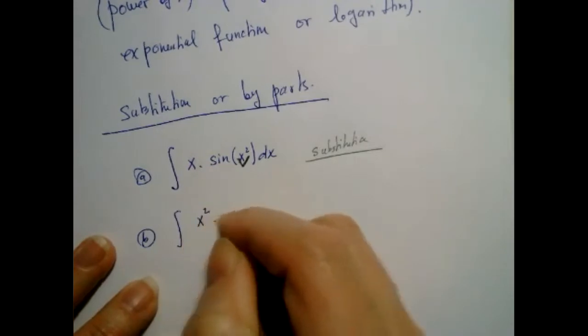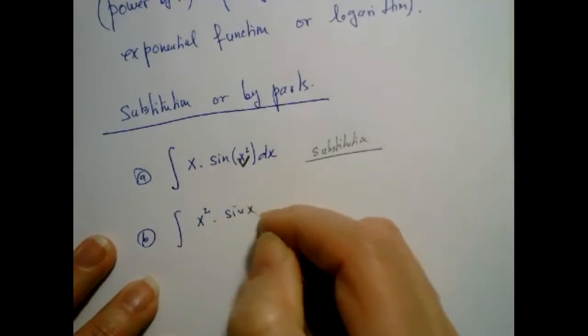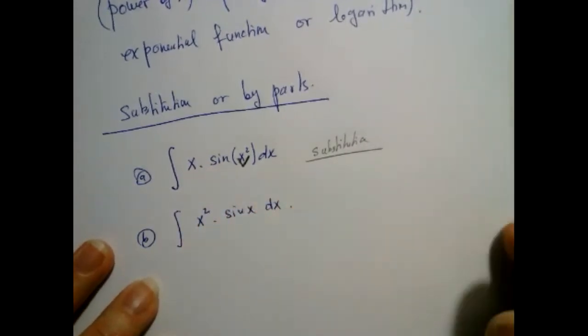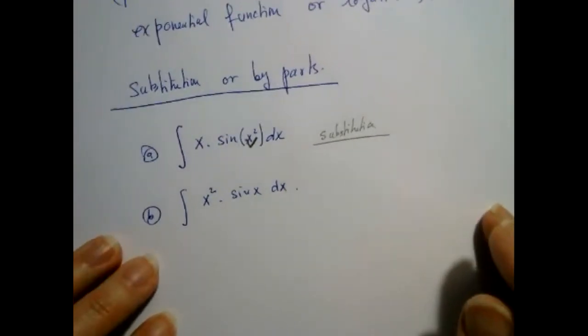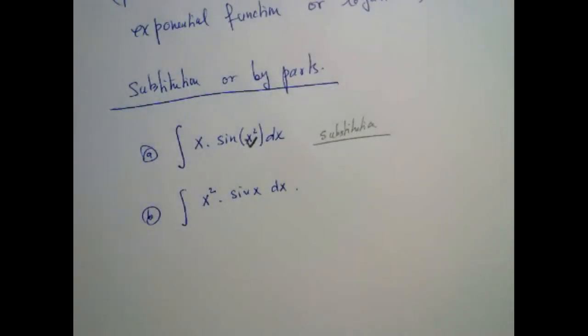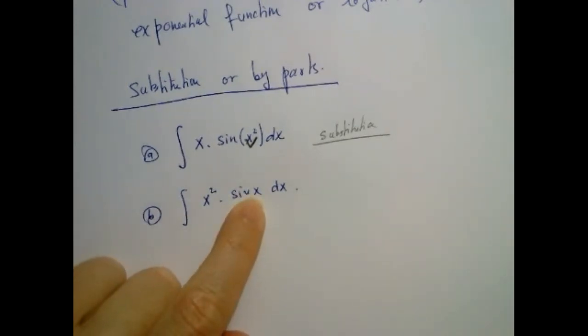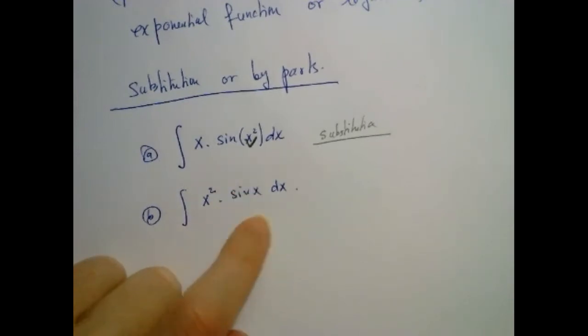However, if I put this one, I changed it a little bit. Substitution or by parts? Quickly, I don't want to spend a lot of time on that. I want quick answers. Parts. This one is by parts because there is no inside. I mean, the inside is x, so its derivative is not going to help me.